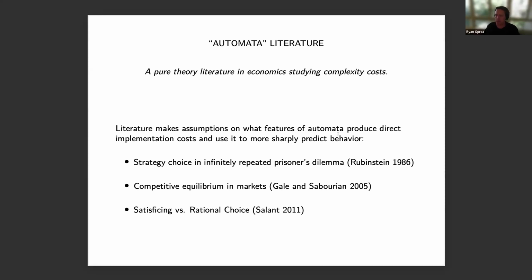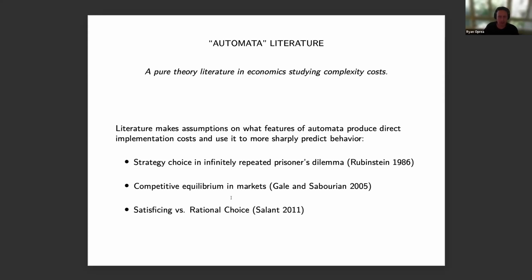And the idea was to use these costs to make repeated game theory, which is notoriously non-predictive, more predictive. It tends to support many equilibria. This has been applied to classic problems in economic theory, like the repeated prisoner's dilemma, the existence of competitive equilibria in markets, and things that are closer to behavioral economics, like why satisficing is computationally cheaper than rational choice.